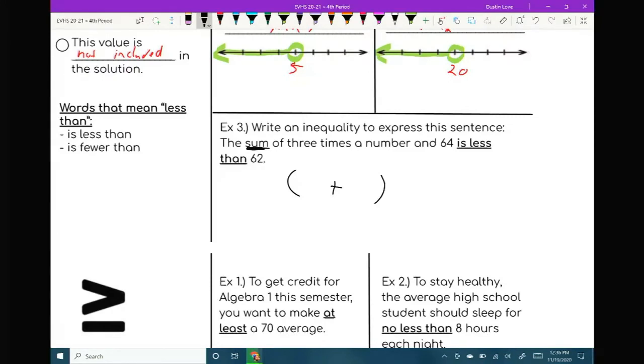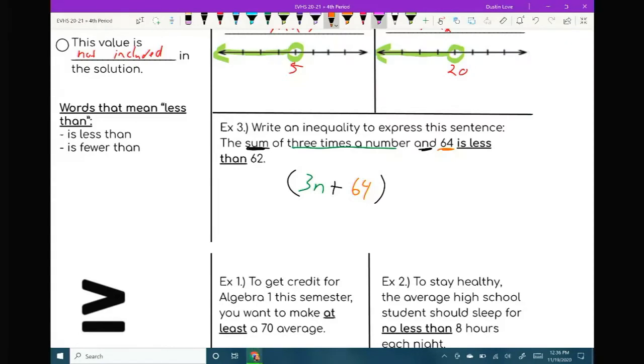So the sum of 3 times a number and 64. So the and is where the plus goes. So 3 times a number is going to be 3n. And 64 is going to go there. Now, we used to just have the word is or equals.